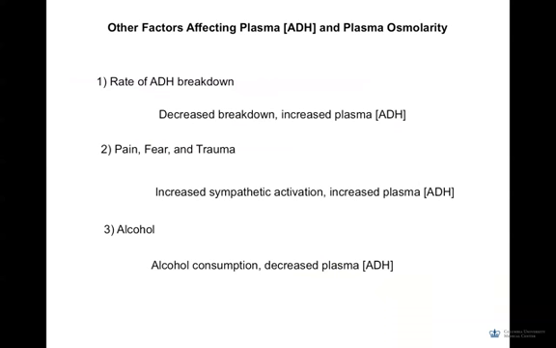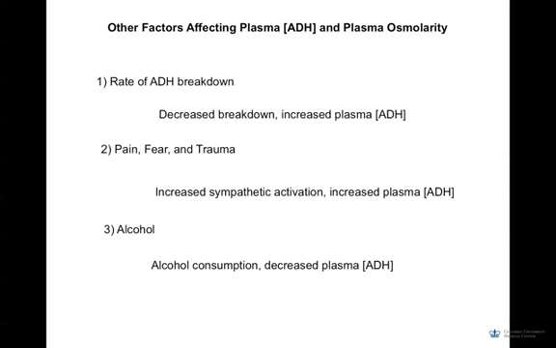In addition to plasma osmolarity, there are other factors that can affect ADH release. These are not factors that are really appropriate in terms of regulating blood volume or plasma osmolarity. These are things that can lead to inappropriate release of ADH if taken to an extreme.